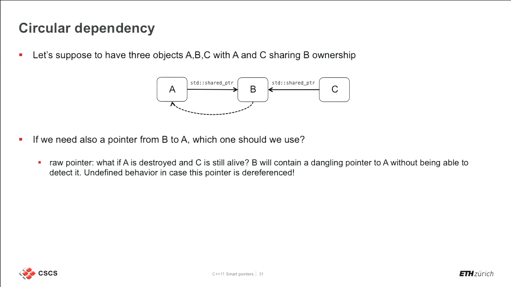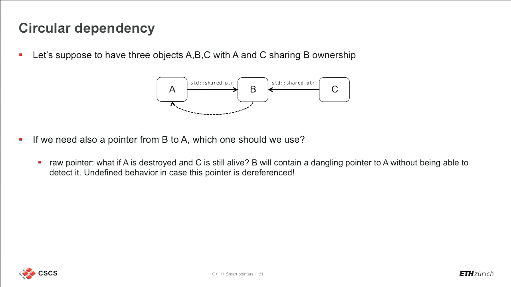Let's suppose that at this point I delete somehow this object A, and I have a raw pointer to A. The problem is that B, after the destruction of this object, will contain a dangling pointer to A. You will have a dangling pointer to A because this object will be destroyed.